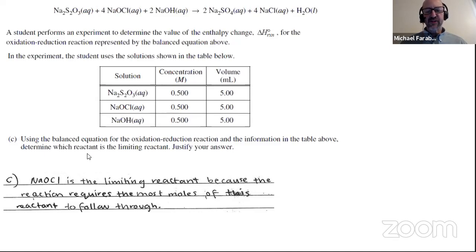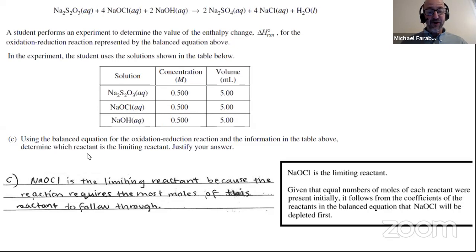So think about what this student has done wrong and how you would phrase the answer to this question yourself. Well, the student did something right. They had the correct limiting reactant. But what they should have said is, given that equal numbers of moles of each reactant were present, again, that's from the table, it follows from the coefficients of the reactants that the NaOCl will be depleted first.